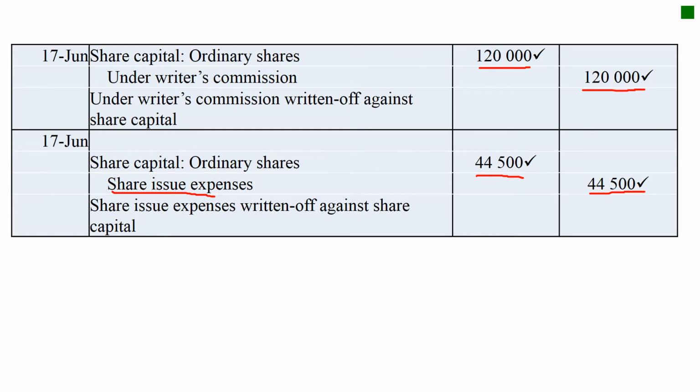Now clearing the share issue expenses account, writing it off against the share capital. So the first part is now complete for the 17 marks that you saw.